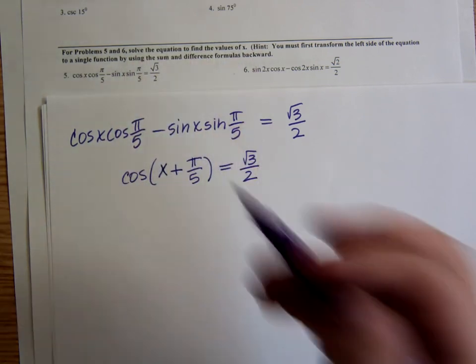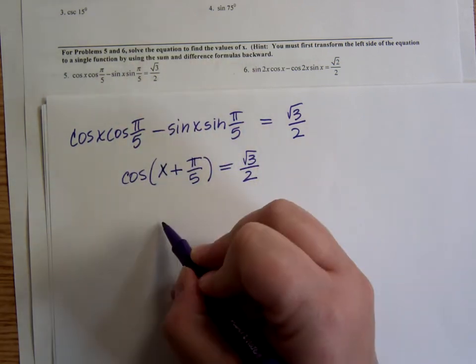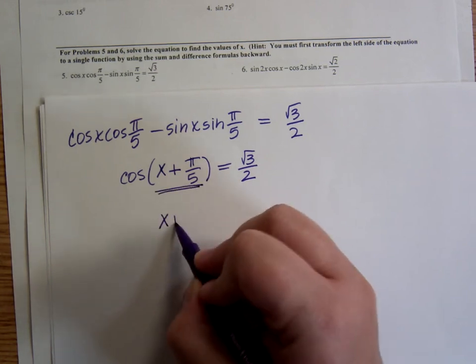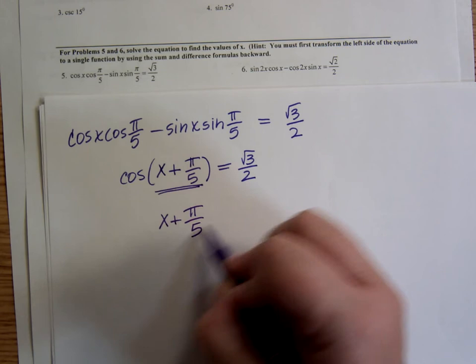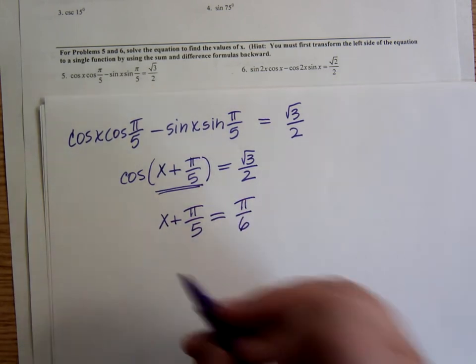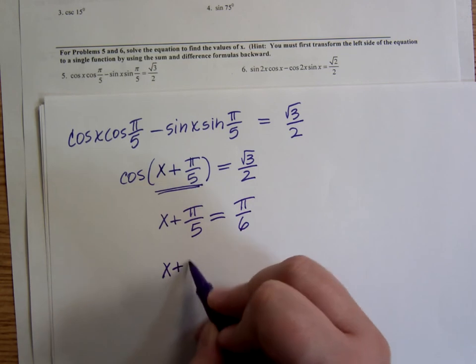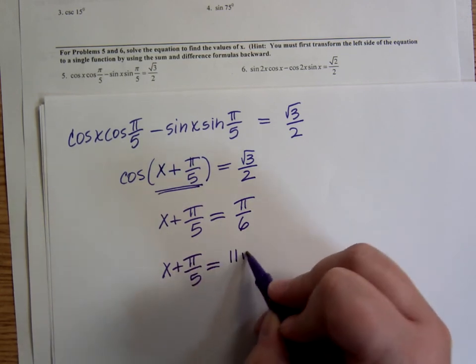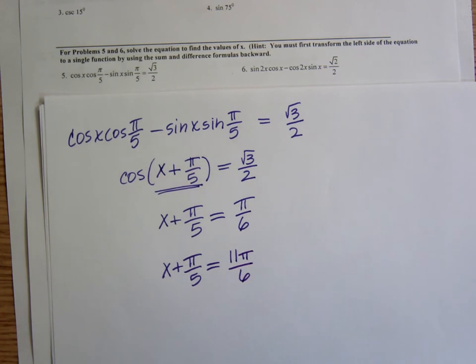So I'm going to have to say, well, this whole thing could equal pi over 6. This whole thing could equal 11 pi over 6. Okay, and I'm going to solve both of those.